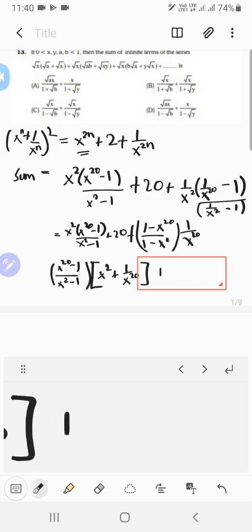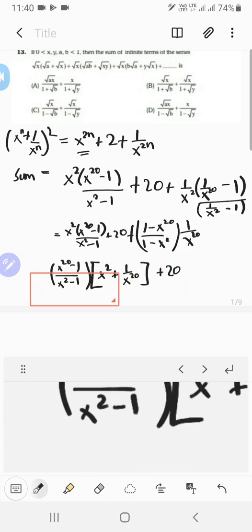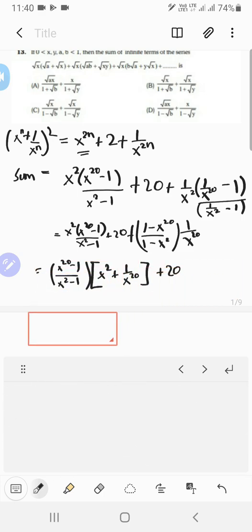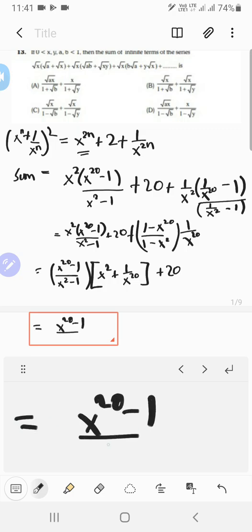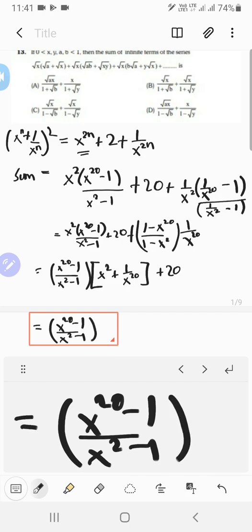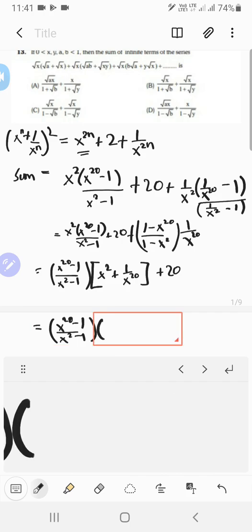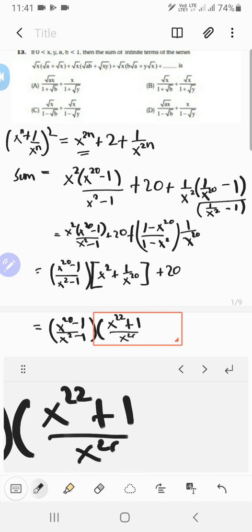And yeah, there's this 20. This can be simplified further to (x^20 minus 1) over (x squared minus 1) times (x^22 plus 1) over x^20, plus 20.